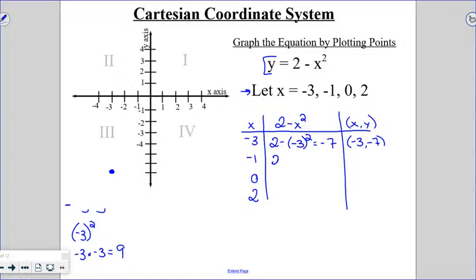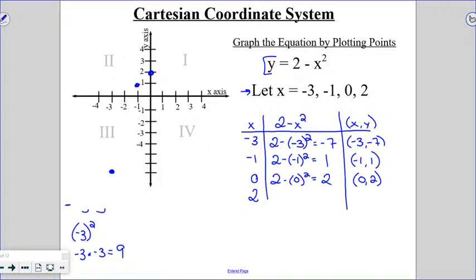Again, should look pretty familiar. You have utilized, hopefully, tables before, plugging numbers into a function before, graphing by a table, all of that. We are going to have nice curves here. -1 squared is 1. 2 minus 1 is 1. -1, 1 would be left 1, up 1. 2 minus 0 is 2. 0, comma 2.